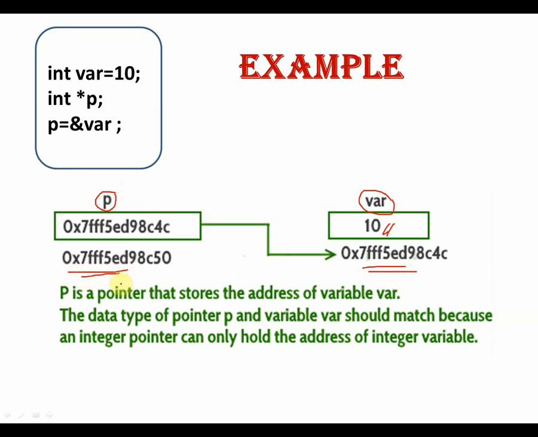So the pointer variable also has an address in the memory. The moment we do something like this, which is assigning the address of the variable to the pointer variable, this value will get stored in the pointer variable. And what is this? This is nothing but the address of that other variable var. That will get stored in the pointer variable.